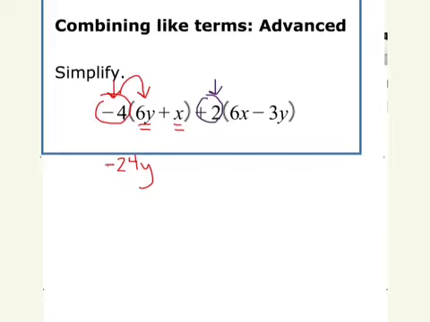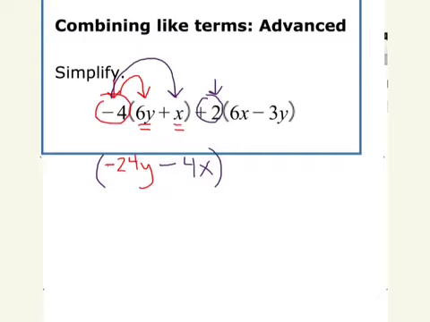And then we have our negative 4, and we're going to multiply it by a positive x. So we have a negative times a positive. There's an odd number of negative signs, which means the answer is going to be negative. So we write our negative, and 4 times x is 4x. So that left side turns into negative 24y minus 4x.